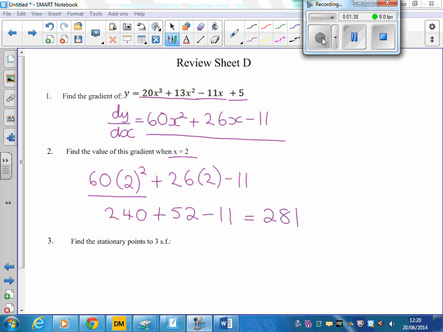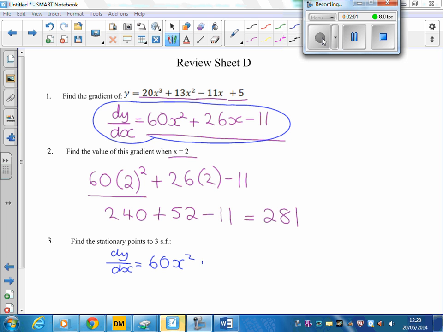Question 3 says find the stationary point. The stationary point happens when the gradient is 0. So I need to use my answer from 1. So dy/dx equals 60x squared plus 26x minus 11, and I want that to equal 0.